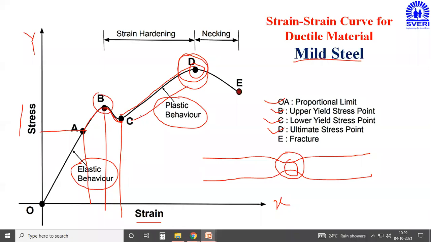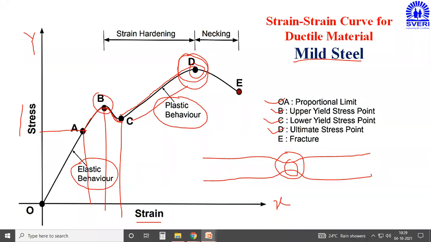The portion CD represents plastic behavior, meaning if I release the force, the body does not regain its original position. It remains in the deformed position. In addition, at point D the neck formation takes place and it is visible to you.